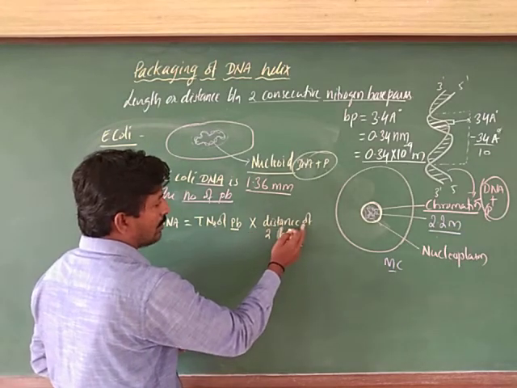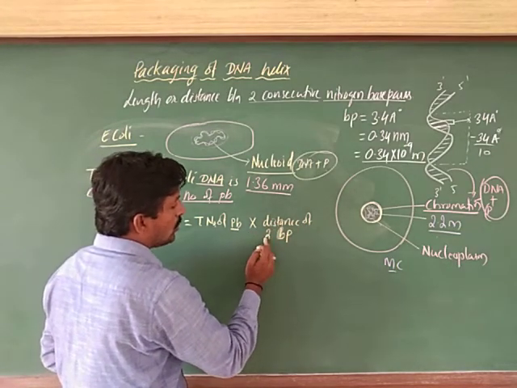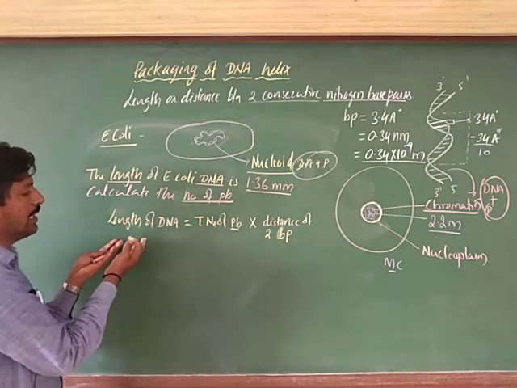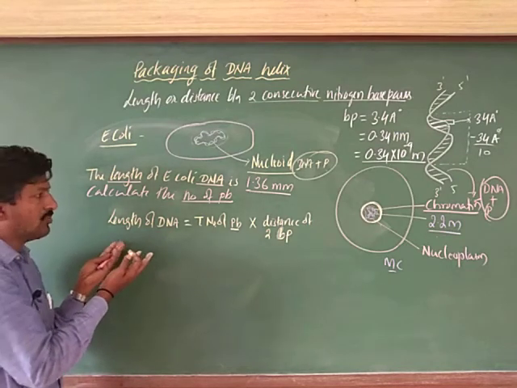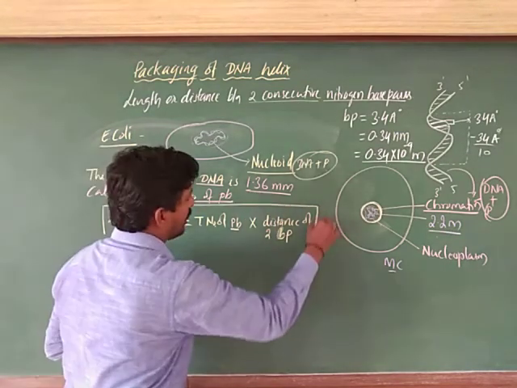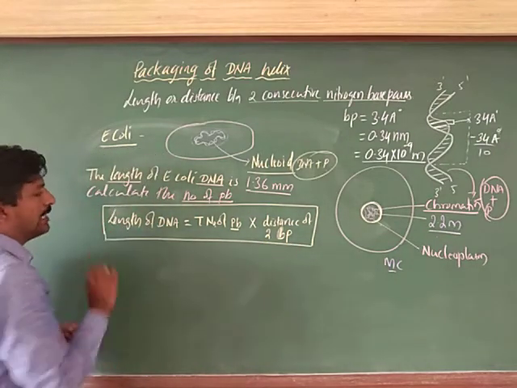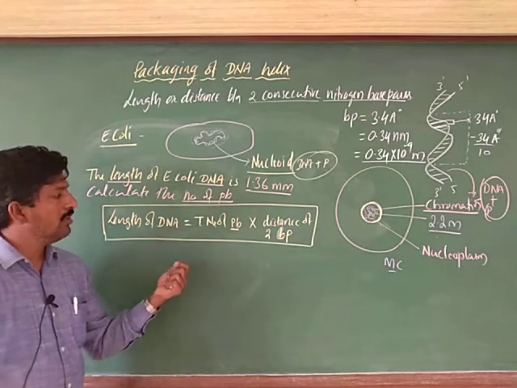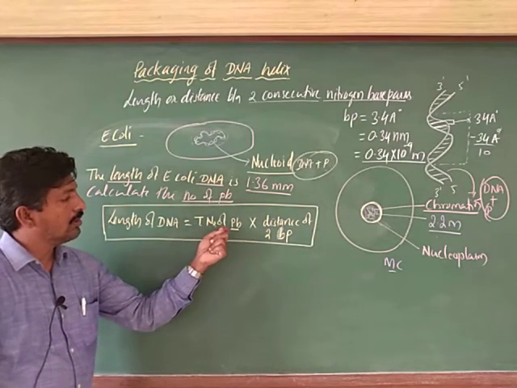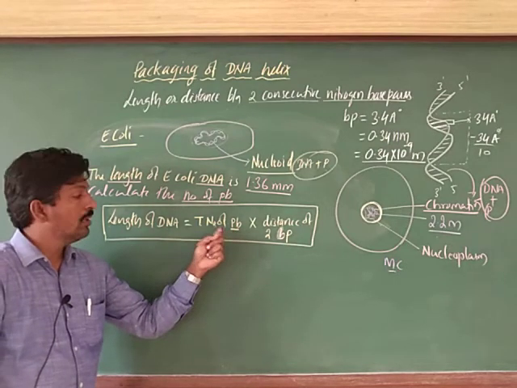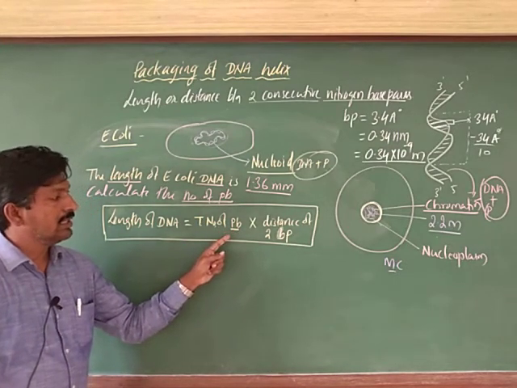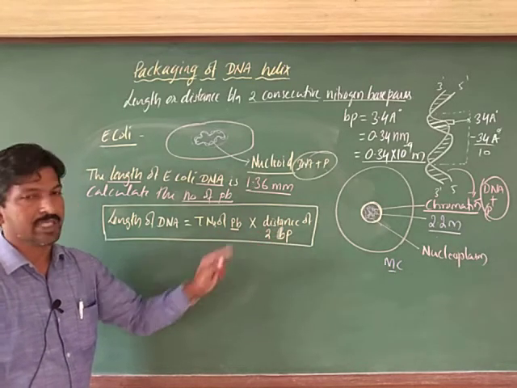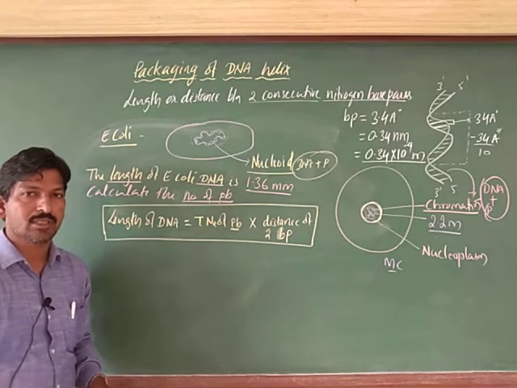You can even give this as the definition: by this formula, you can define the total length of DNA. The total length of DNA is the multiplication of the total number of base pairs present in it and the distance between two consecutive, or adjacent, base pairs.